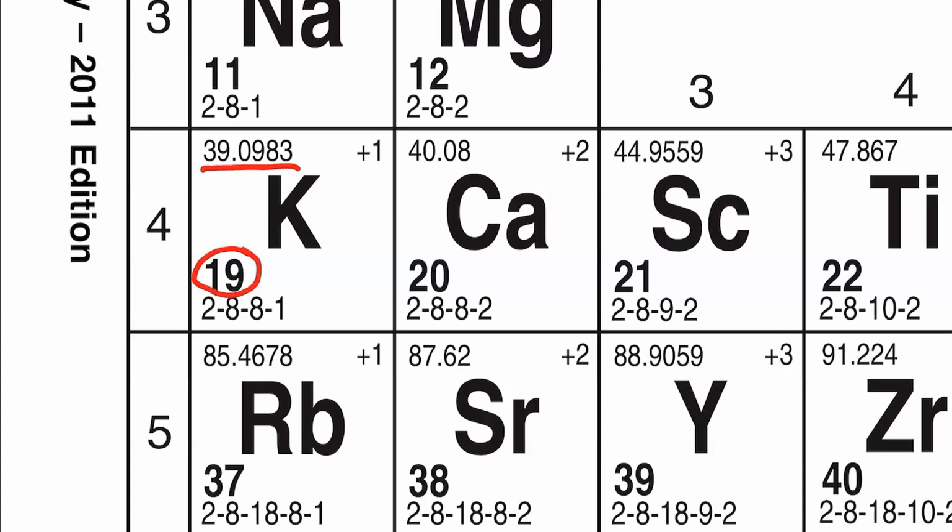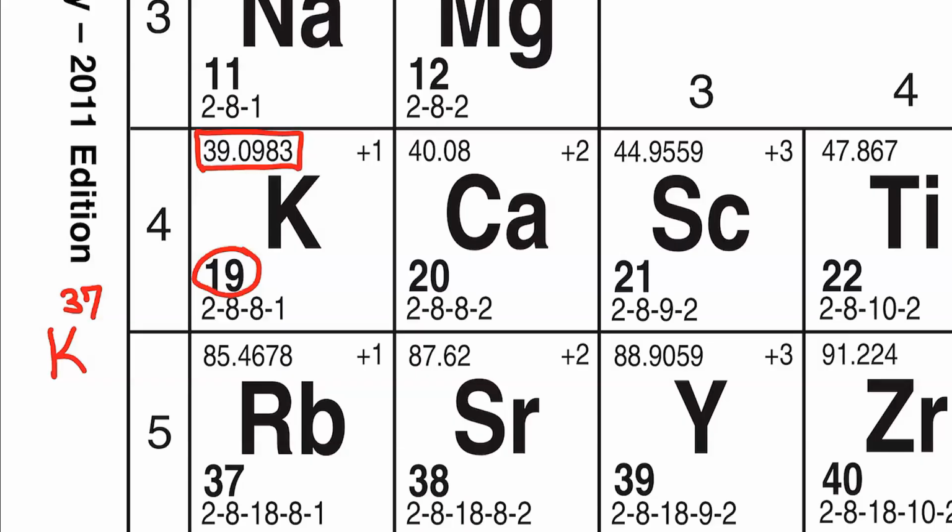And they average them out using how much percentage they exist in nature. It's a weighted average. But here, we needed to know the atomic number is 19. Now, they gave us in the question potassium 37. That's a particular isotope. Notice it's 39 in the reference table.